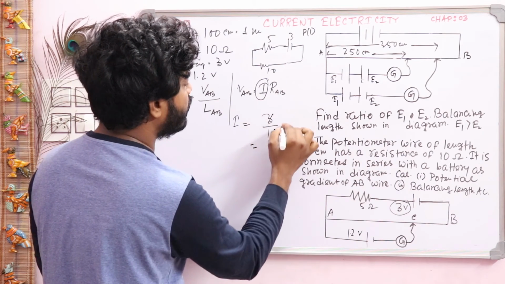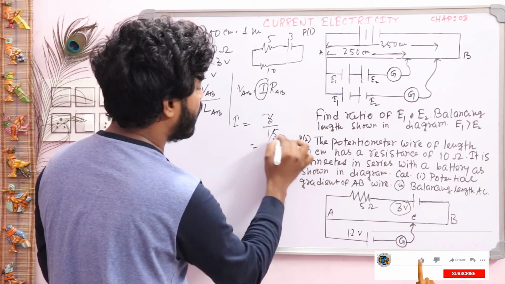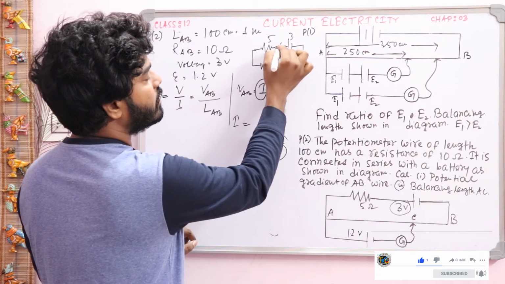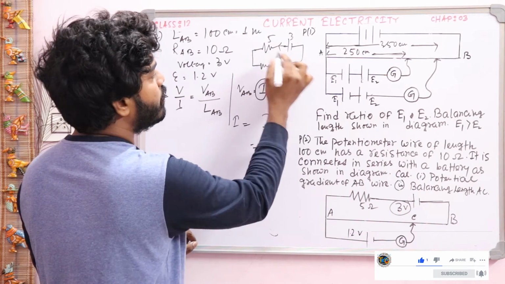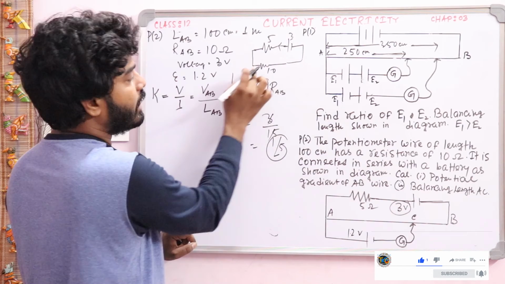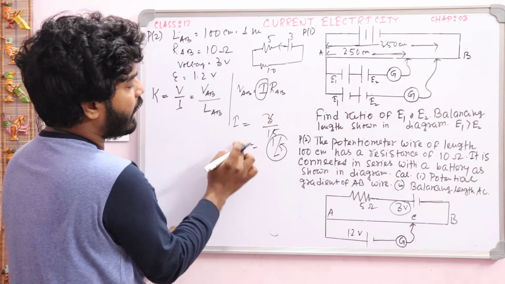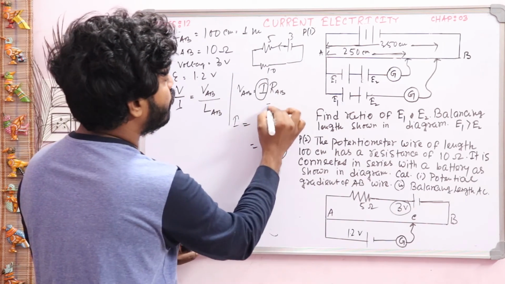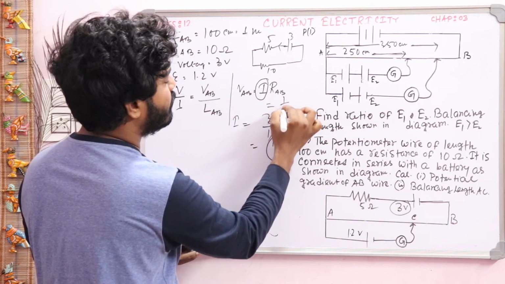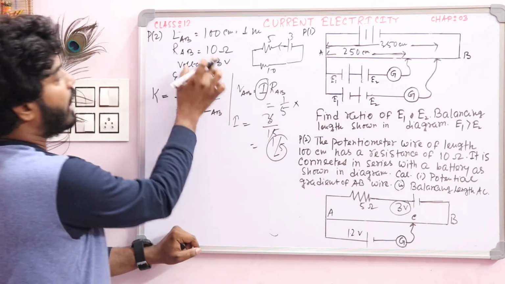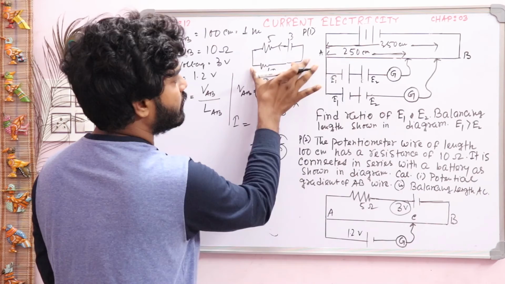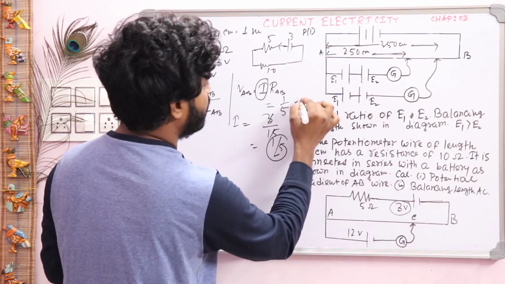So this value will be 1 by 5. So the total current which is flowing through this circuit is 1 by 5. The same current is flowing, since 5 and 10 are connected in series. Now you find out VAB: current 1 by 5 and resistance RAB given, that is 10. This wire has resistance 10.